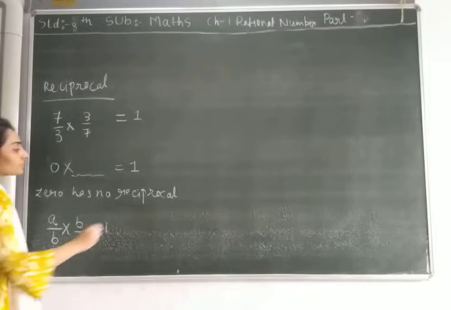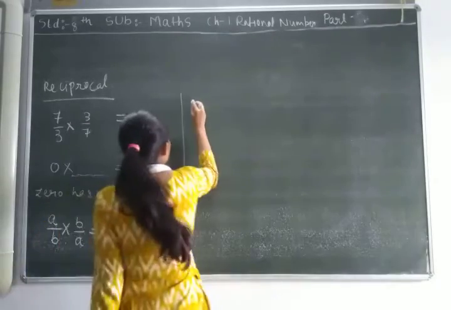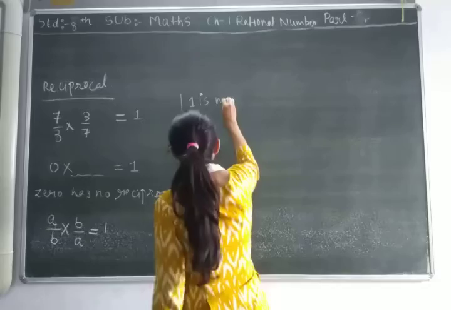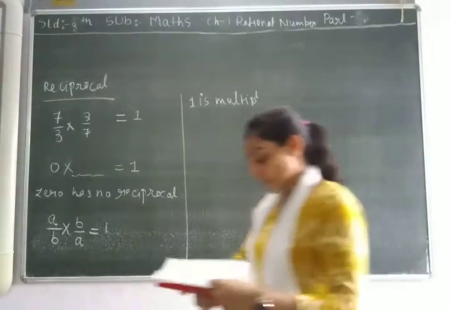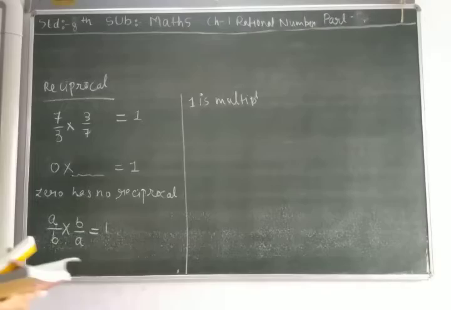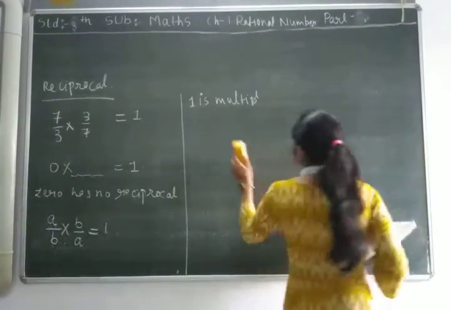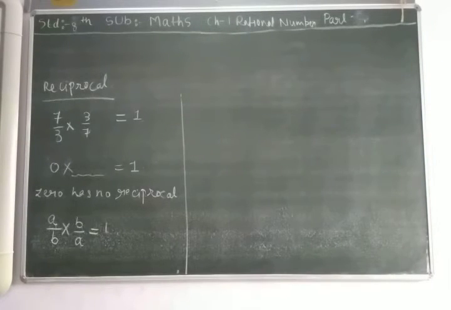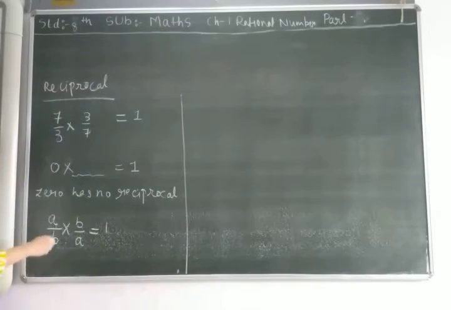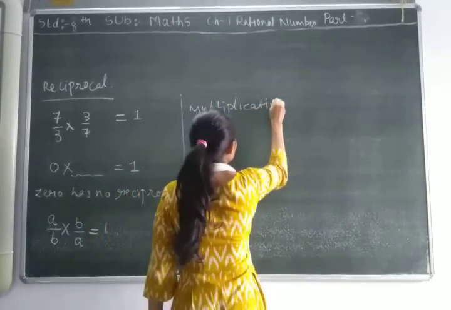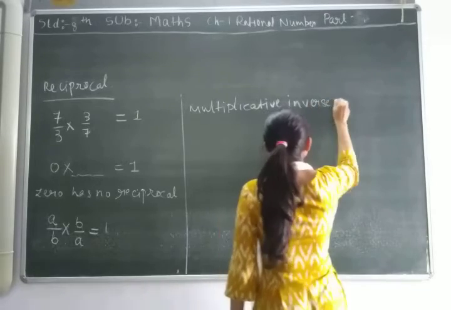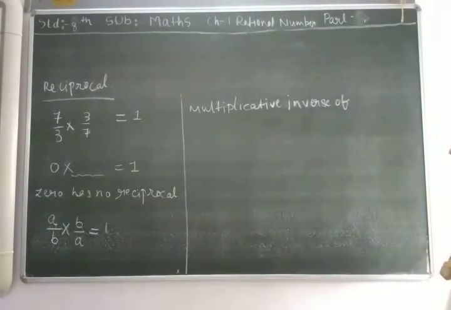Okay, so 1 is a multiplicative identity.